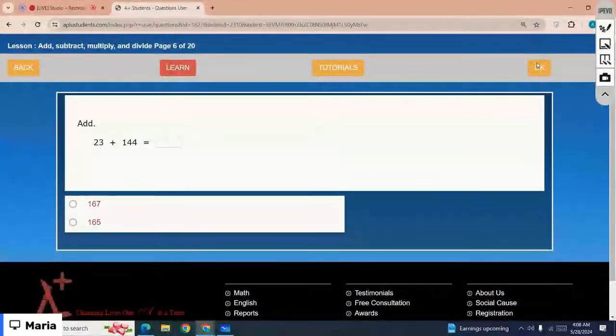Add 23 plus 144. So which is the correct option? The correct option is 167. Option 1 is the correct option.